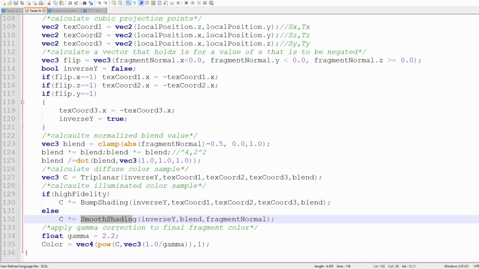So one thing that I forgot to mention, but I'll talk about now before the gamma correction, is this high fidelity boolean here. It's used when LOD is 1 or 0. The reason is that as things get really far away, you have a lot of things that help to mask other things that are far away.